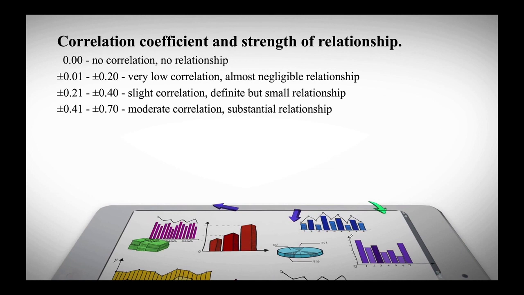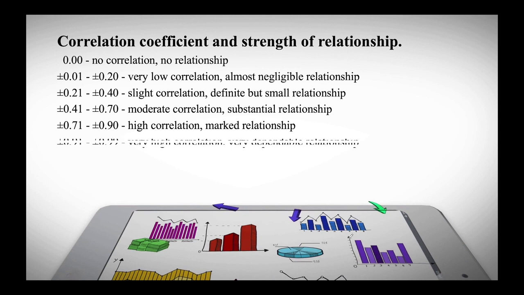So, next we have 0.41 to 0.70. This is moderate correlation or substantial relationship. Pwede na, no? Substantial na yung relationship na ng dalawa. 0.71 to 0.90. This is high correlation. So, marked relationship. Ito talaga, statistically proven, pwede mo nang masabi na these two variables are statistically proven na meron silang correlation with each other.